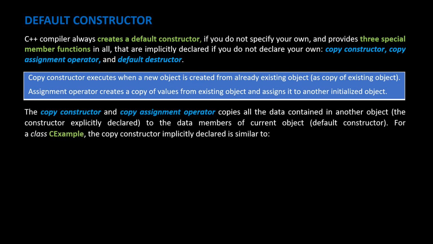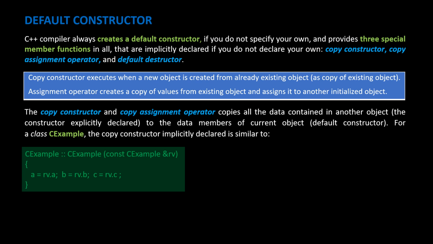The copy constructor and copy assignment operator copy all the data contained in another object, or the constructor explicitly declared, to the data members of the current object, that is, the default constructor. For a class CExample, the implicitly declared copy constructor is similar to the CExample constructor function with a reference parameter, const CExample& RV.